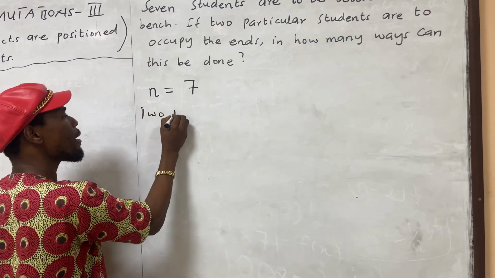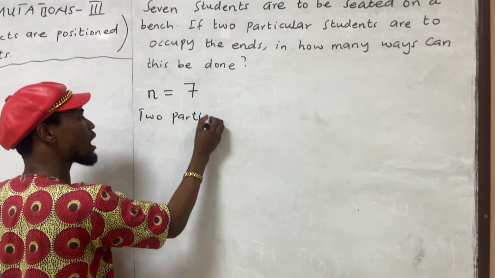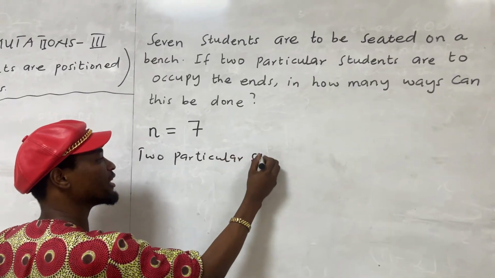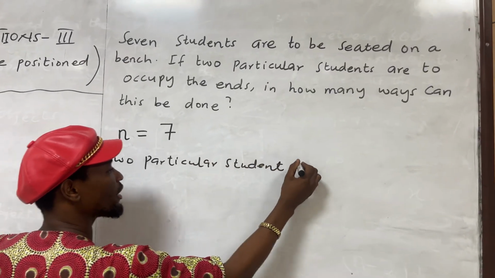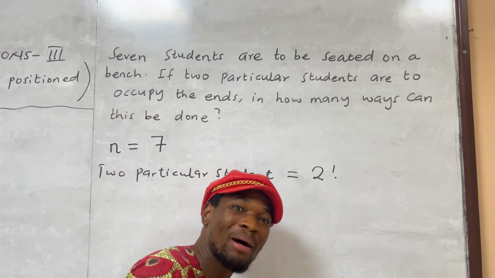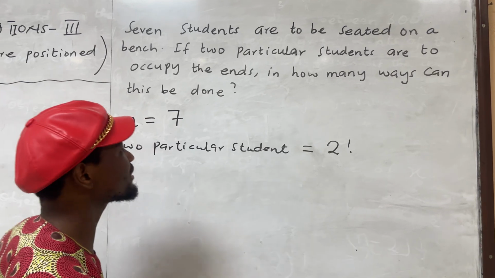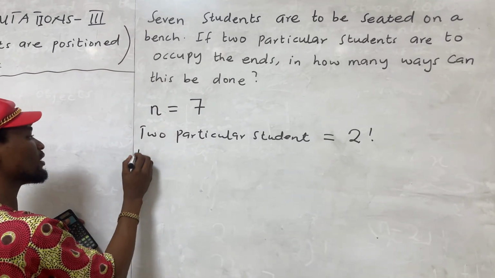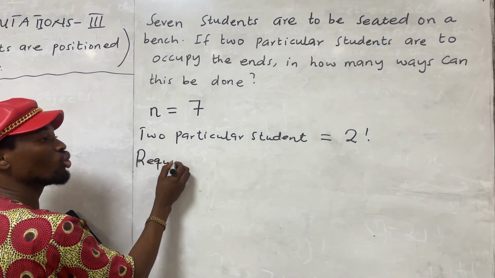So as a result of that, we say these 2 particular students is given by 2 factorial. 2 factorial is the same as 2. Right? So therefore we can say that we want to know the number of arrangements.